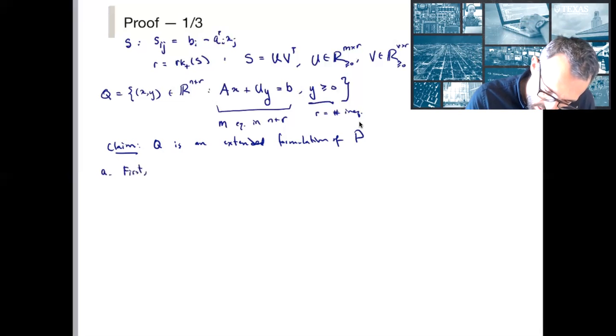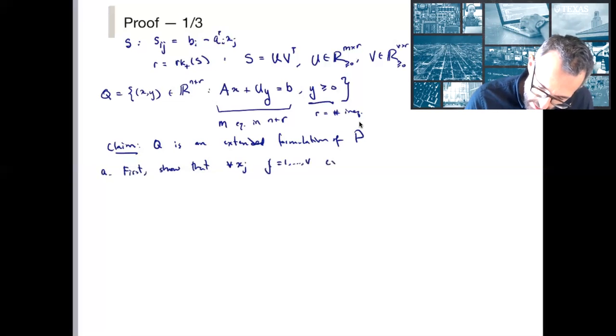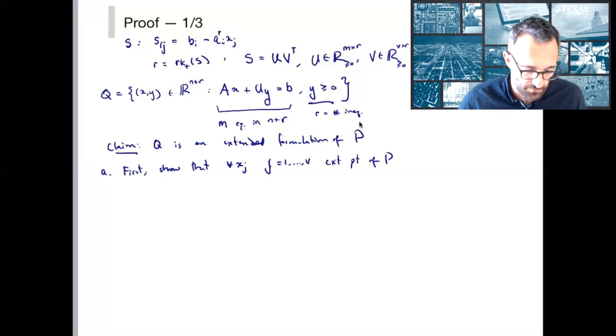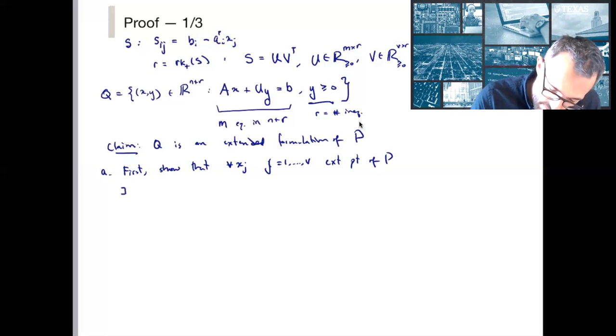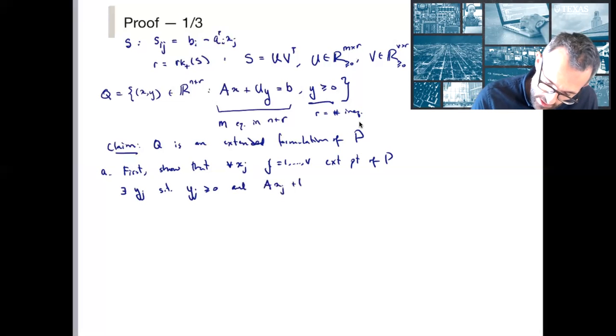First, we show that for any xj, an extreme point, j equals 1 to v, an extreme point or vertex of P, there exists a yj such that yj is non-negative and A xj plus U yj equals b.